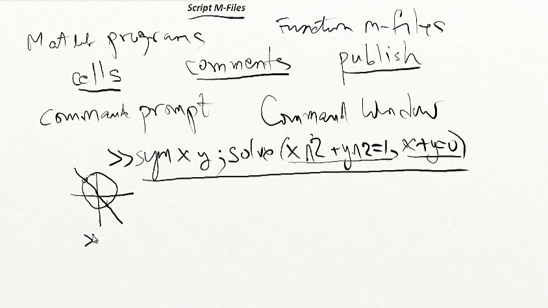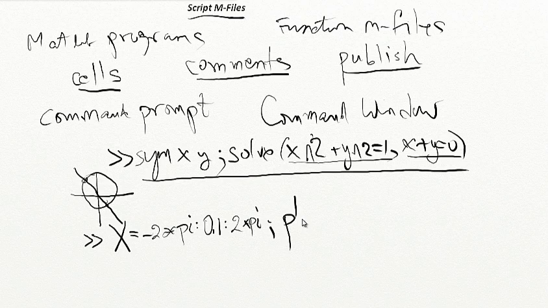If at the command prompt you put in a vector, capital X, starting at minus 2 pi, with step size 0.1 up to 2 pi, then you can use that vector to plot x, sine x.